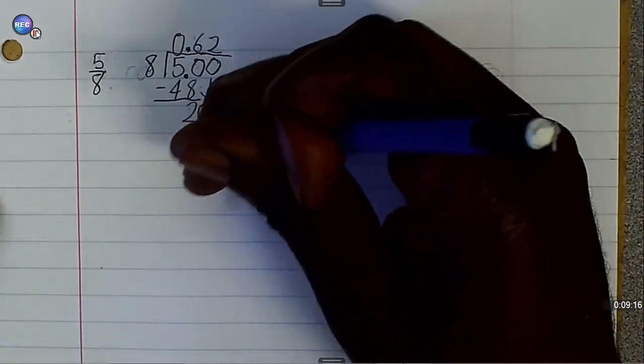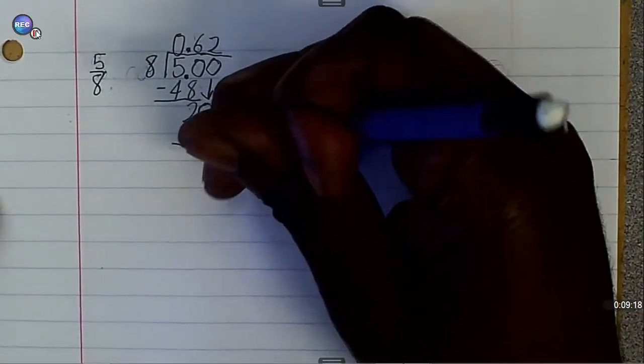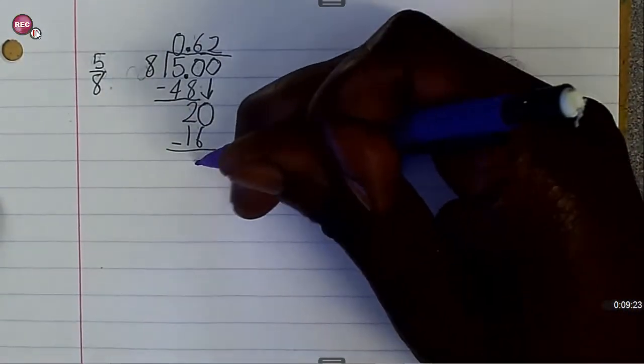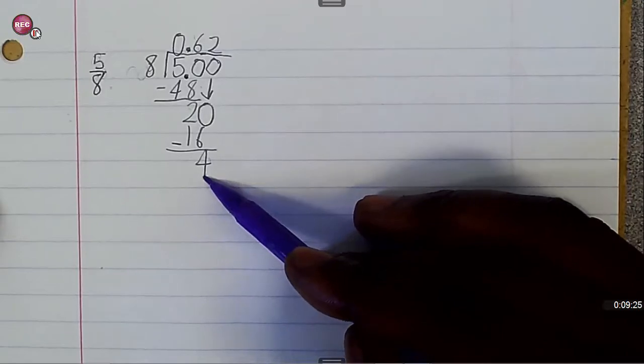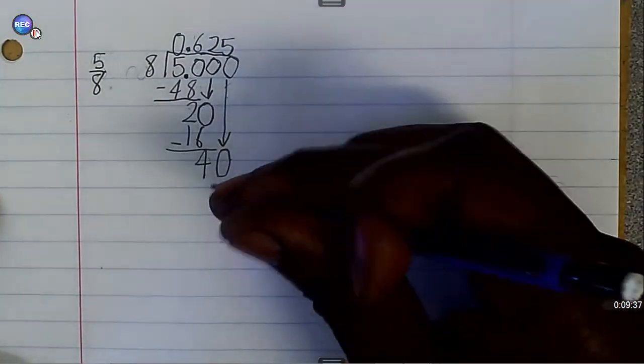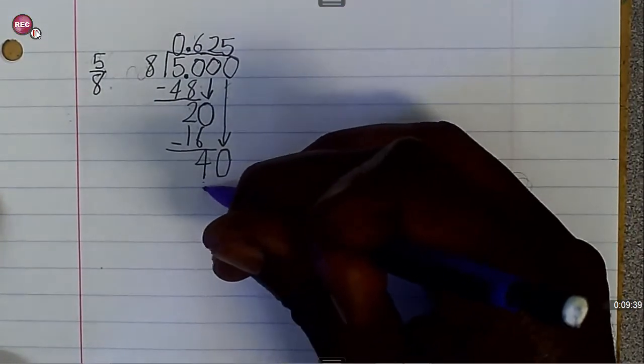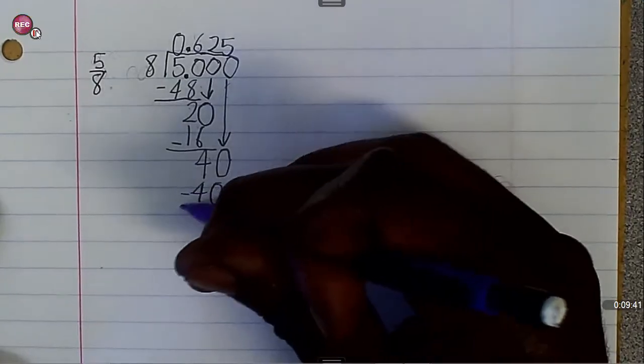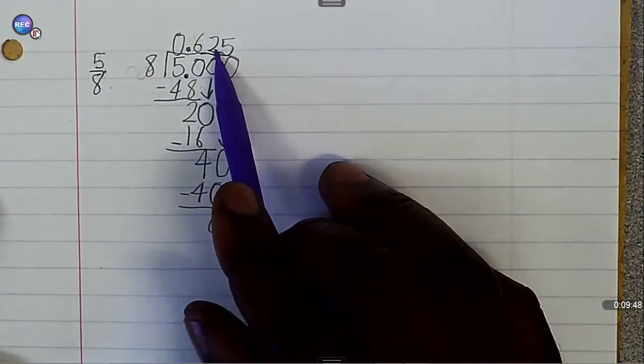That'll be 20 minus 16. When we subtract, that'll give us 4. Can't stop with the remainder, so we have to continue. Bring down the 0. We can divide 5 times. And that'll be 0. So now we have our equivalent decimal.